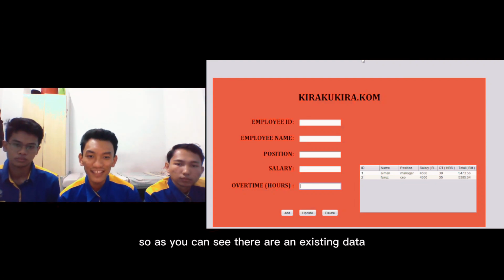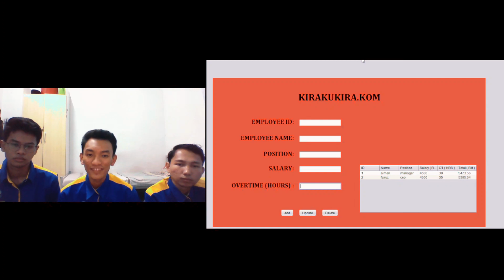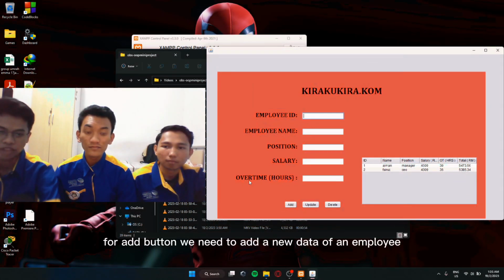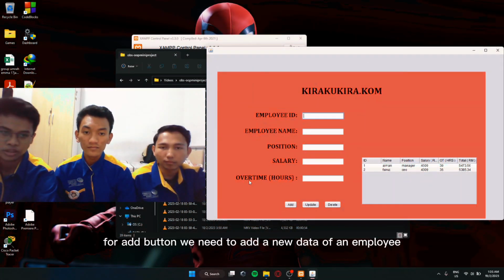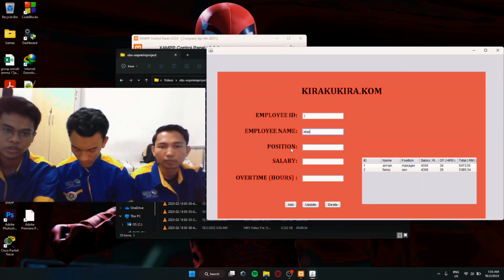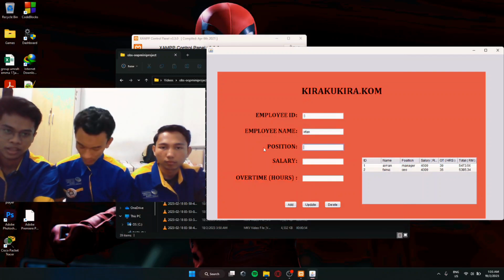So as you can see, there is existing data of an employee in the table. For the add button, we need to add new data of an employee. For example, the new data is being written right now.